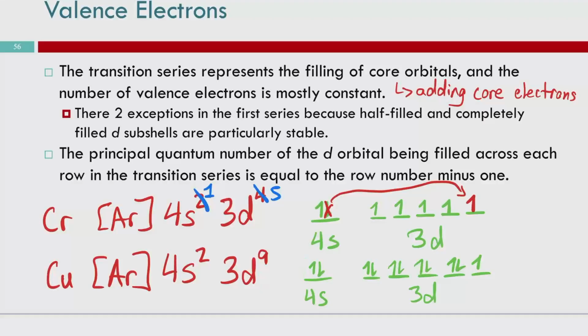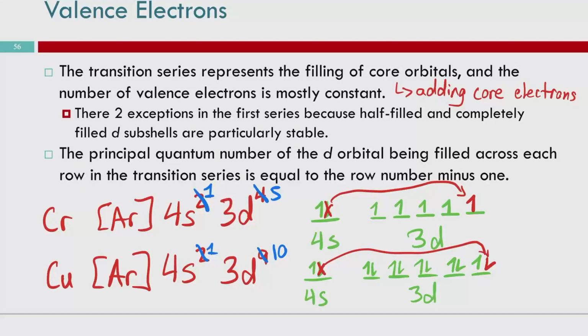So what happens for this one also is we steal one of these electrons from 4s, we yoink it, yoink. And so it's not actually 4s2, 3d9, it's 4s1, 3d10.